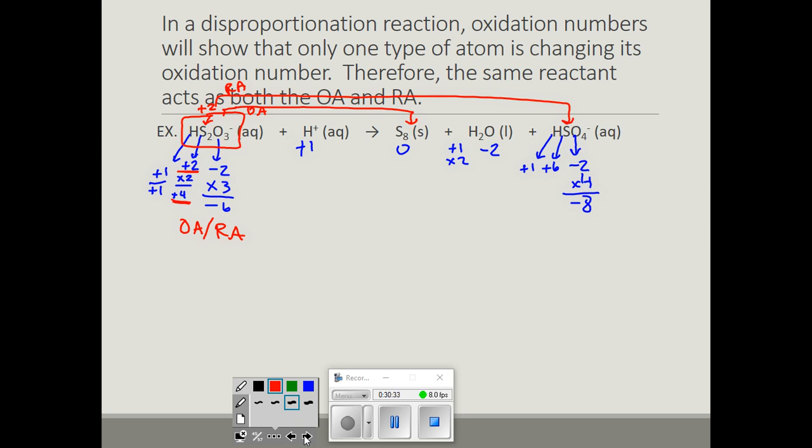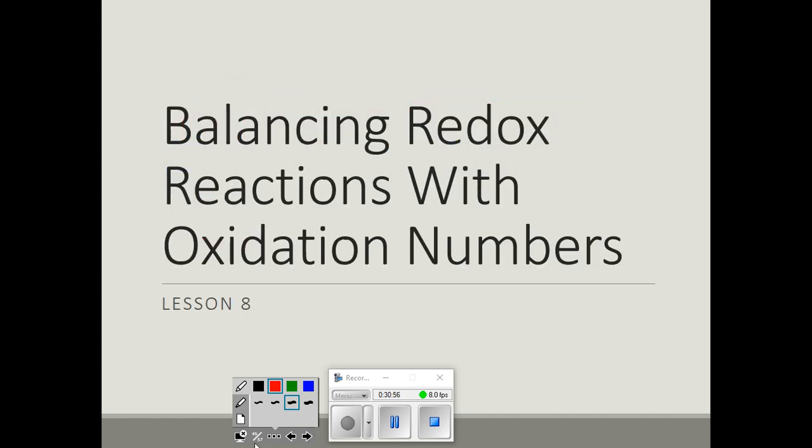Now sometimes, in fact most of the time, what you have to do is identify disproportionation. And this, I think, is a faster way than trying to balance a reaction, to identify it. Do you see that the same thing increased and decreased its oxidation number? If you do, then you know it was disproportionation. I'll just leave that.